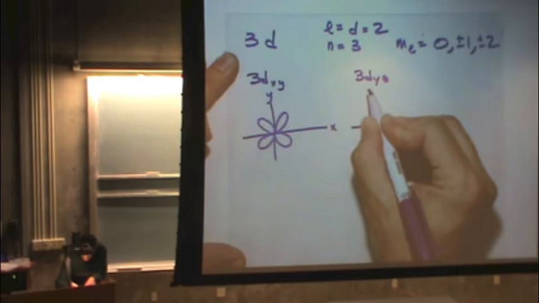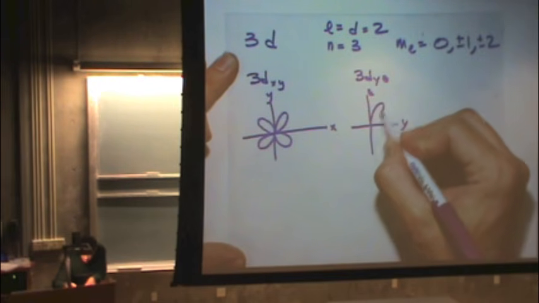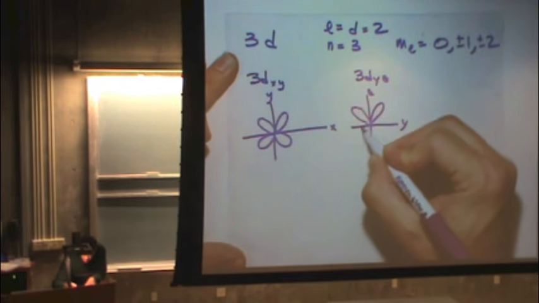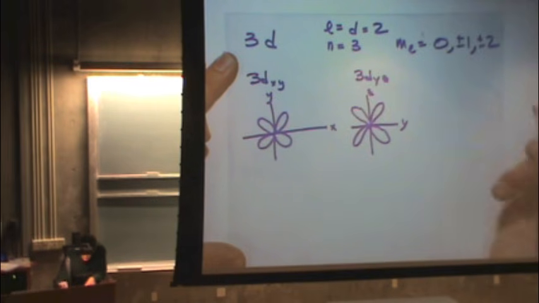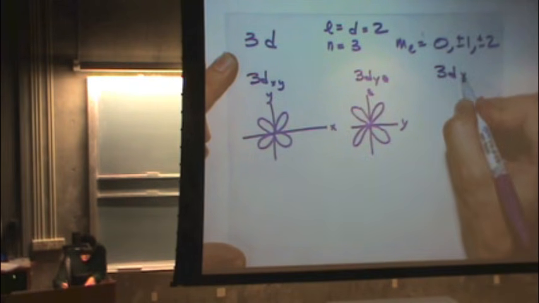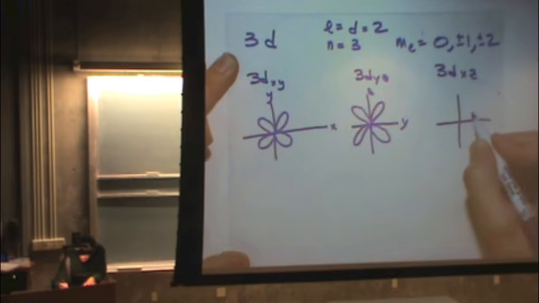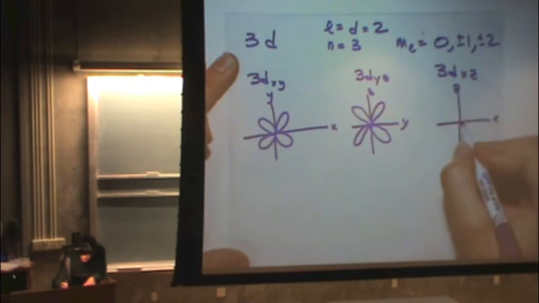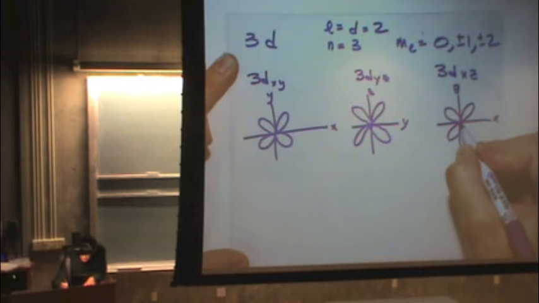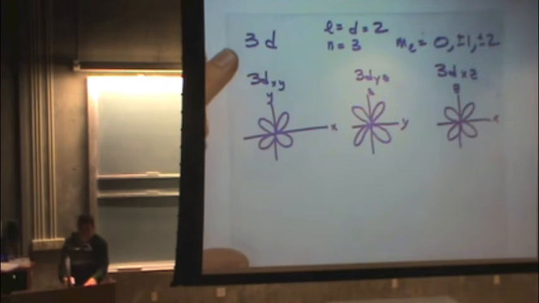It looks identical to the previous one, except there's different axes, a Y and a Z, instead of X and a Y in the previous. Looks like that, and then there's the 3dXZ. Again, identical to those two, except it's the XZ axis. Otherwise, it'll look totally identical.